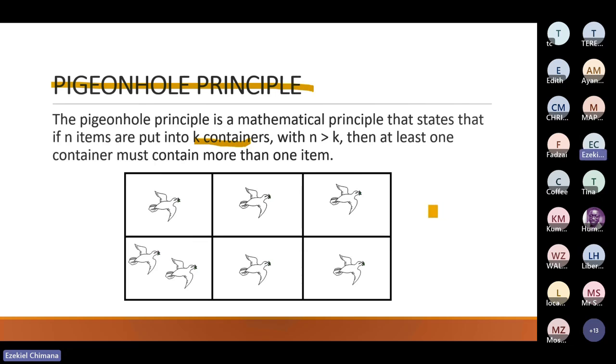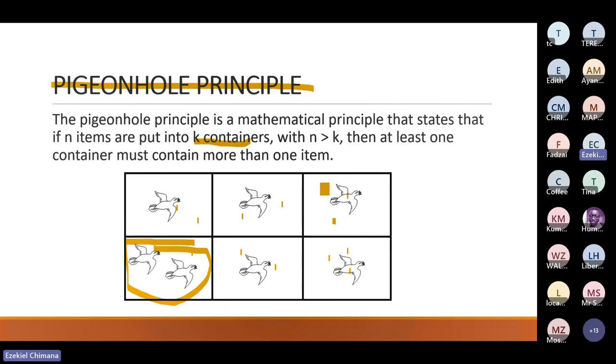That's the Pigeonhole principle. Like here, we have 1, 2, 3, 4, 5, 6 walls, or containers, and you want to put the pigeons in each container. The pigeons that you have are 1, 2, 3, 4, 5, 6, 7. So if you place one here and one here and one here and one here and one here, you are left with 2. So those 2 will be in this container or this wall.